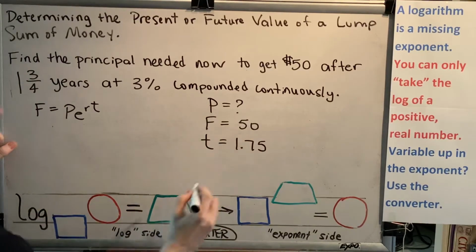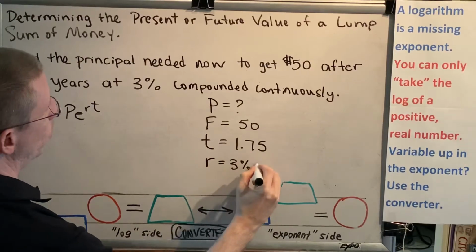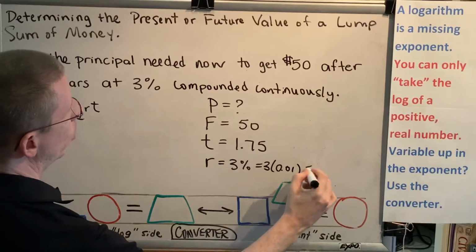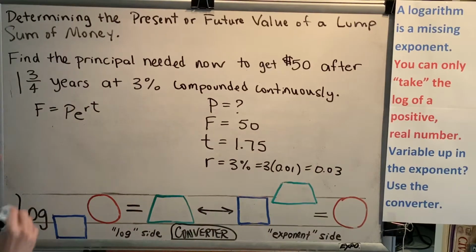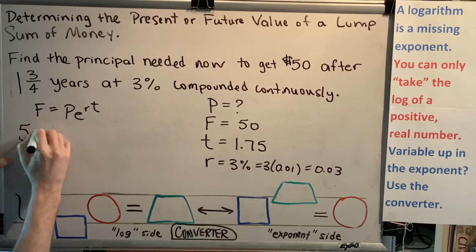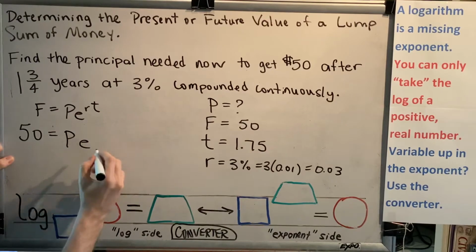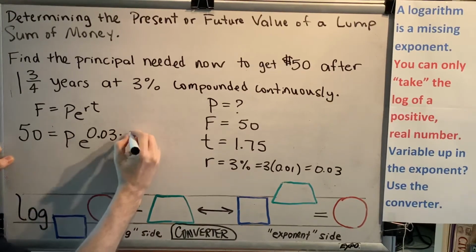At 3% compounded continuously. So R is 3%, which is 3 times 0.01, which is 0.03. Let's put it all in our formula. F is 50, P we leave as P, e is a mathematical constant, R is 0.03, T is 1.75.